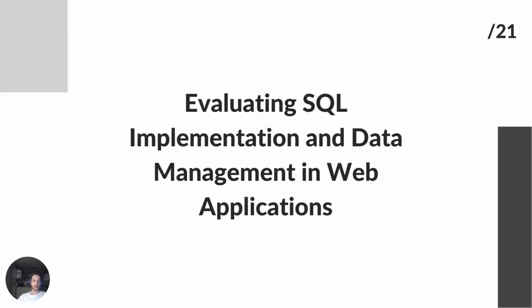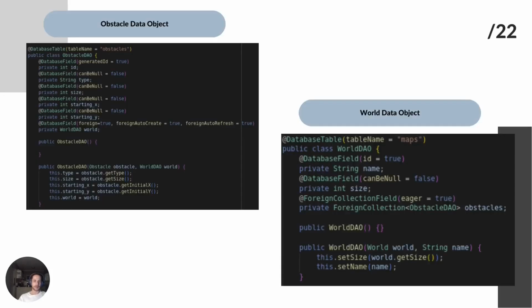Moving on to evaluating SQL implementation and data management in web applications, we will begin by speaking about our data objects. They have been critical to our use of SQL. As you can see, we have two data objects. We have one for maps and one for obstacles. Using annotations, we let the code know which tables these objects belong to and their fields.